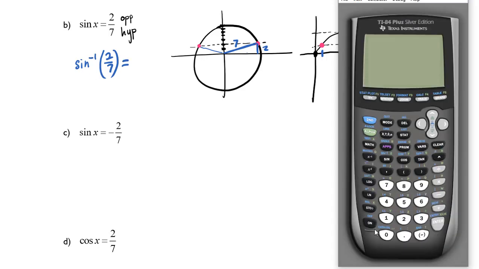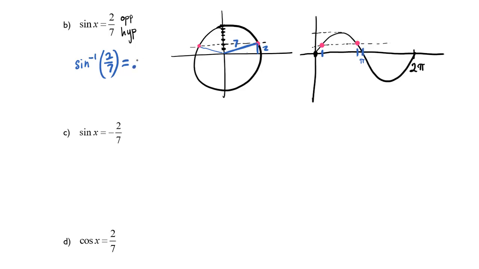So let's do that now. Sine inverse of 2 divided by 7 equals 0.29 radians. That is one of my solutions, but remember I also have this additional solution in the second quadrant.